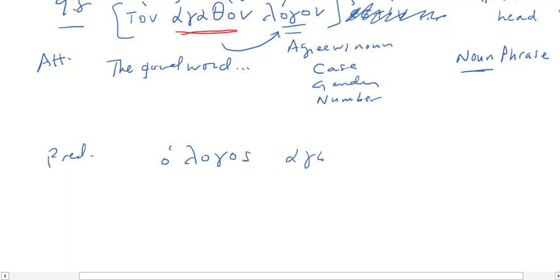Ho logos agathos, and put my period right there. All right. How might I translate this? Good. The word is good. And in this case, the copula is not explicit, right? It's missing here. It is going to need to be supplied in your English translation.